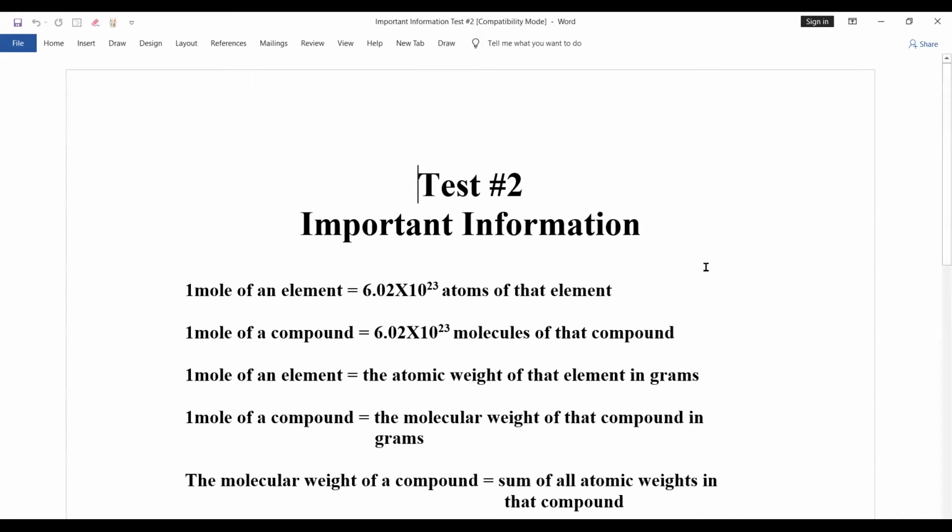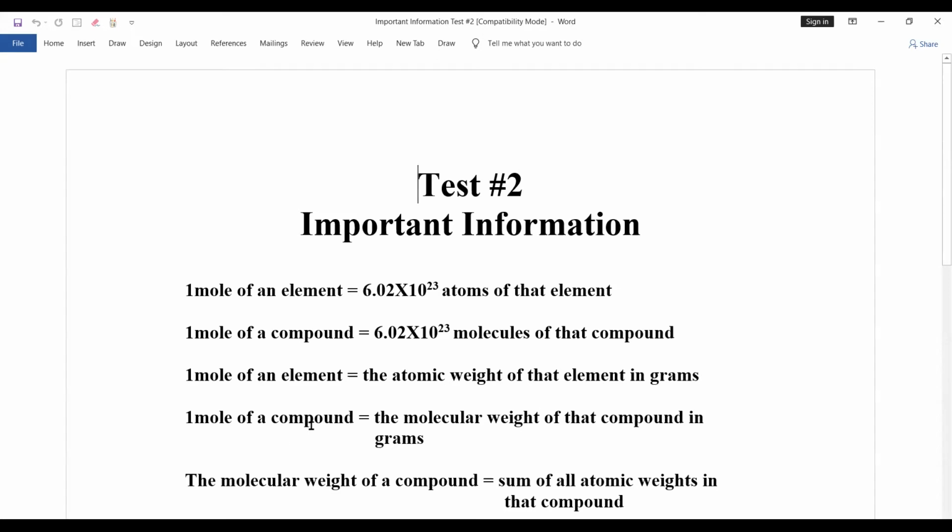Look, this will be given to you at the end of the test number 2 packet. You don't have to memorize this. And you should know these. 1 mole of an element equals Avogadro's number, know how to use this, of atoms of that element. 1 mole of a compound equals Avogadro's number, 6.02 times 10 to the 23rd molecules of that compound. 1 mole of an element equals the atomic weight in grams of that element.